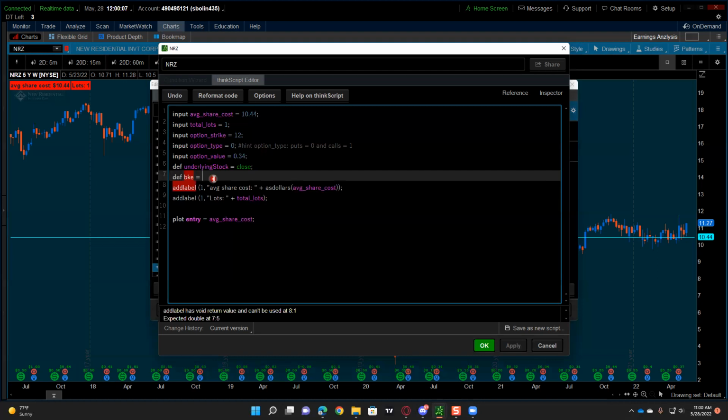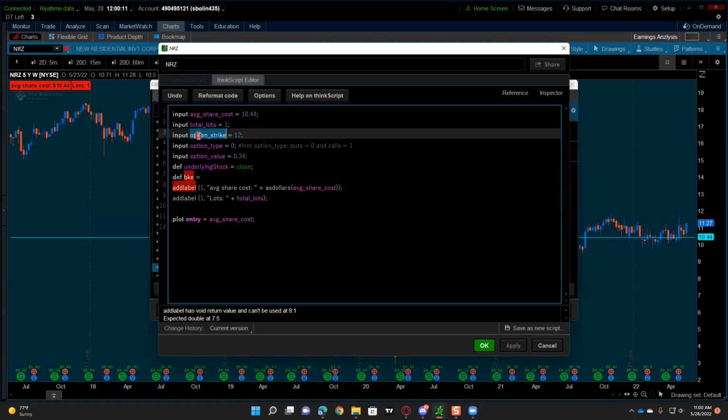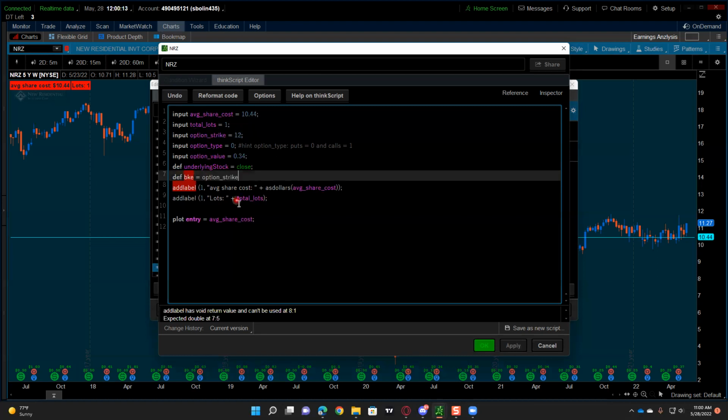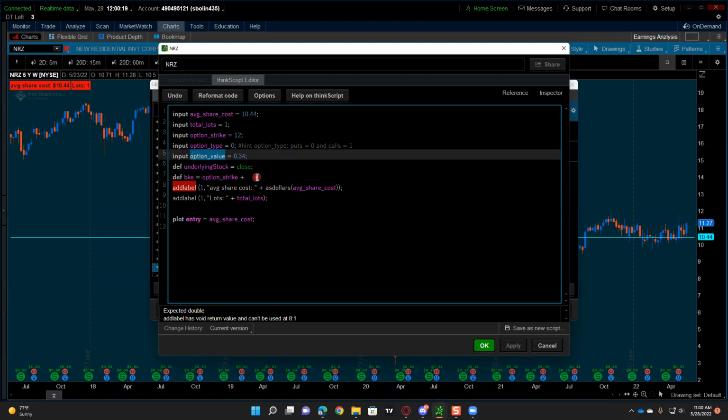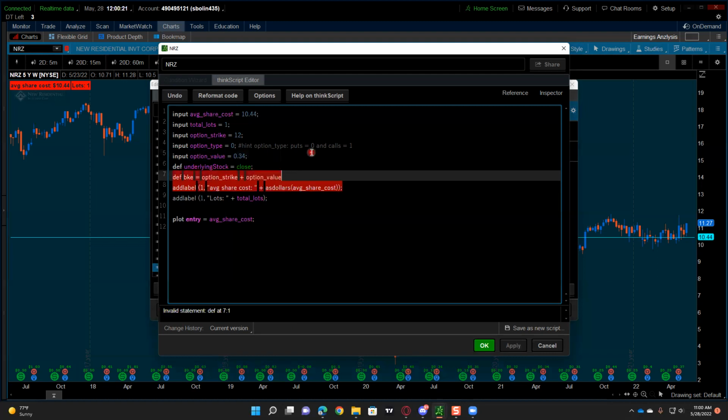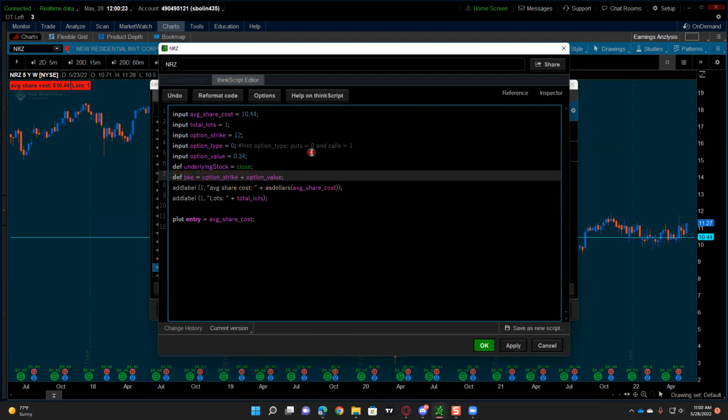So the break even would be the option strike plus the option value. Now that we have that, we have a break even, right?